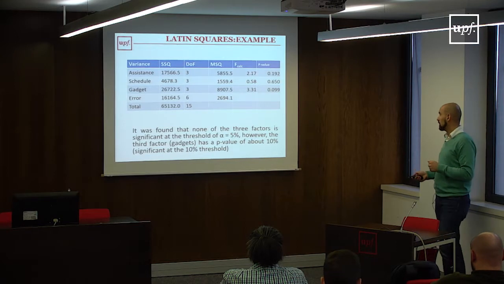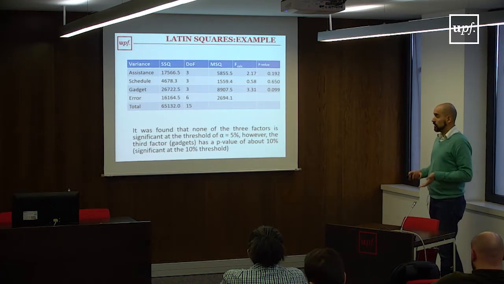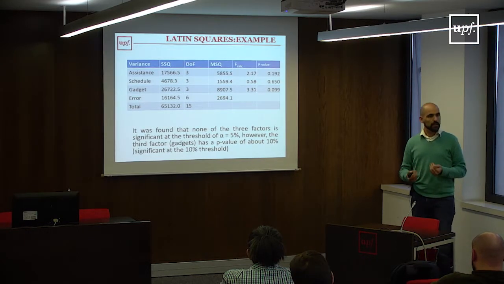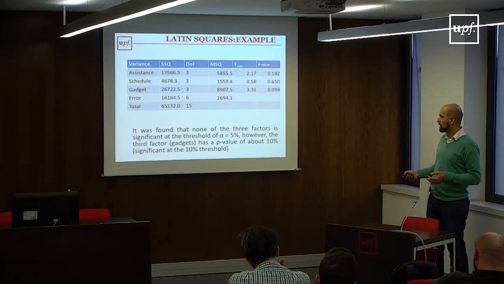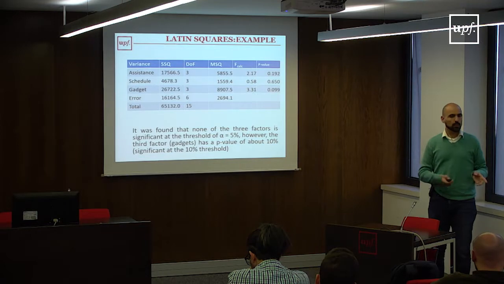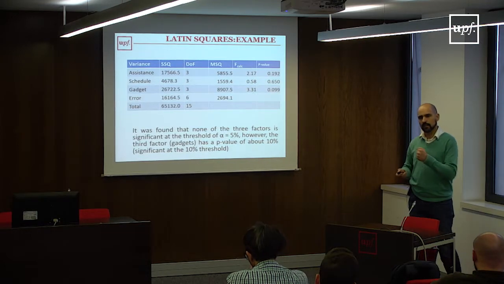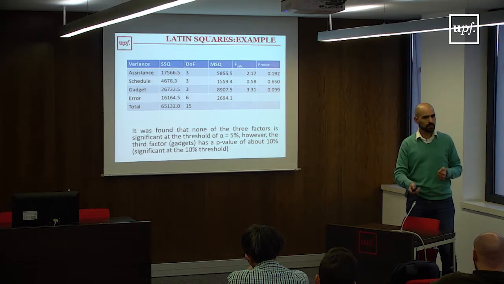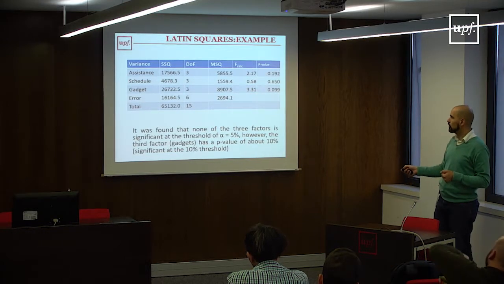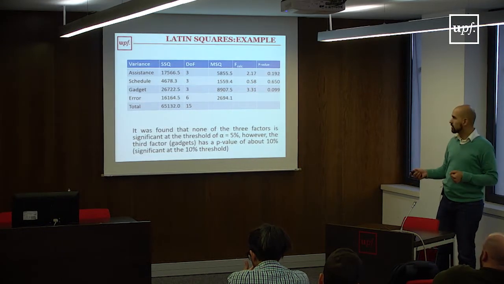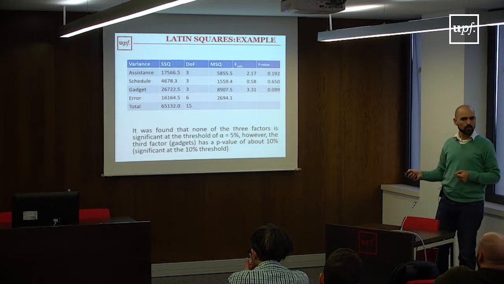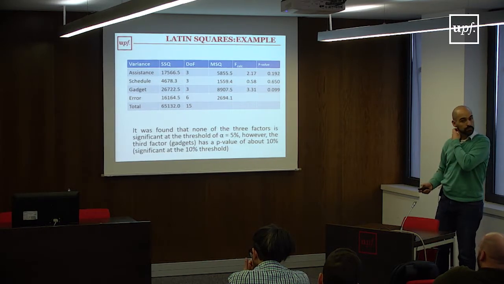Okay? And again, it is reasonable to compare, even if we don't have a statistical comparison. Suppose I'm not sure if I want to keep an error of 5% or an error of 10%, but for sure, schedule is not affecting my study, because the Fisher coefficient is really small, much smaller than the other two.